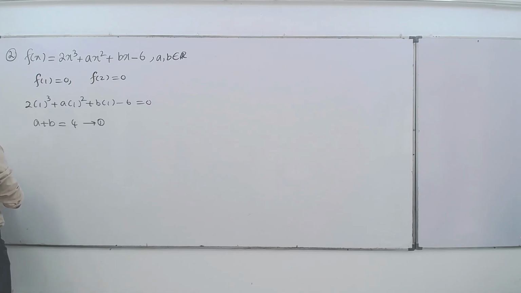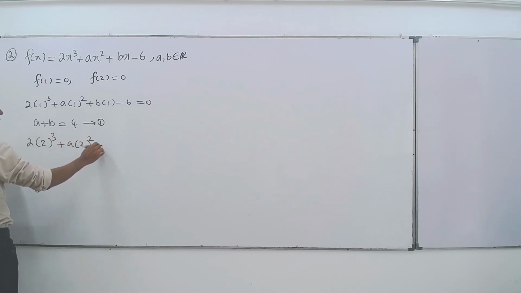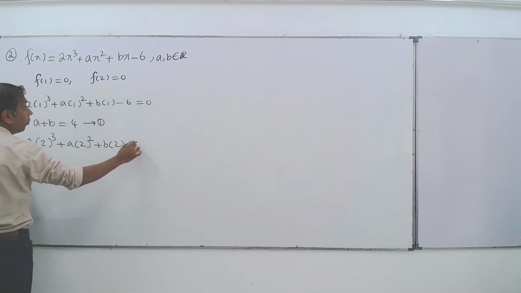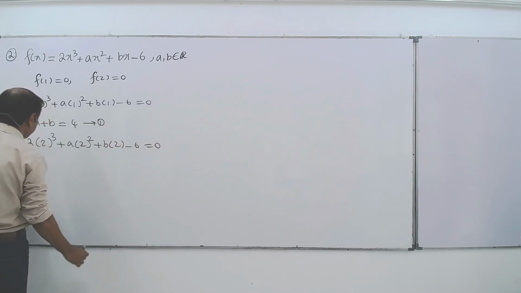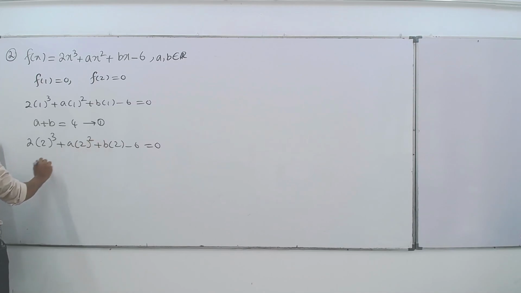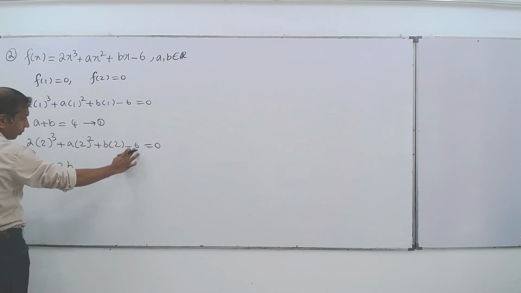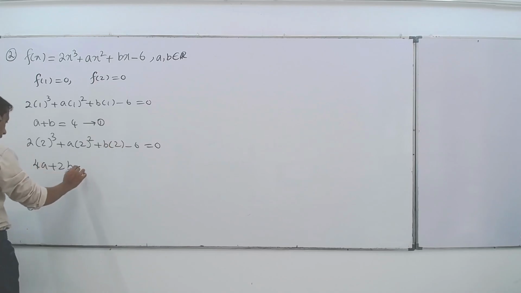Put x equals 2 here: 2 times 2 cubed plus a times 2 squared plus b times 2 minus 6 should also be 0. Here 4a, 2b, 8 times 2 is 16, minus 6 is 10, then that is equal to minus 10, take to the right hand side.